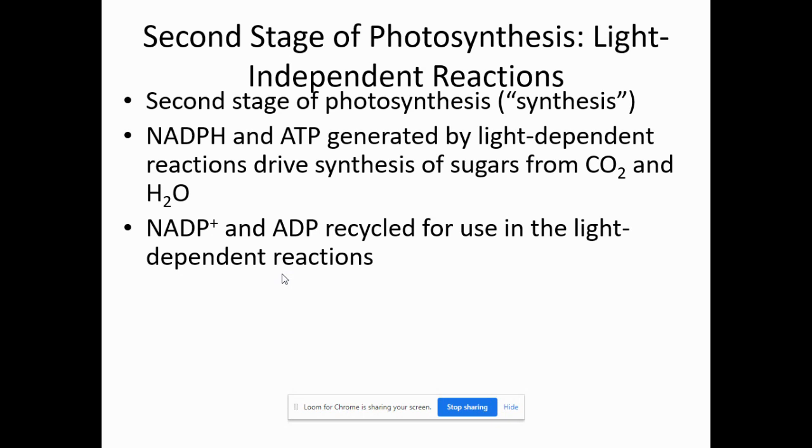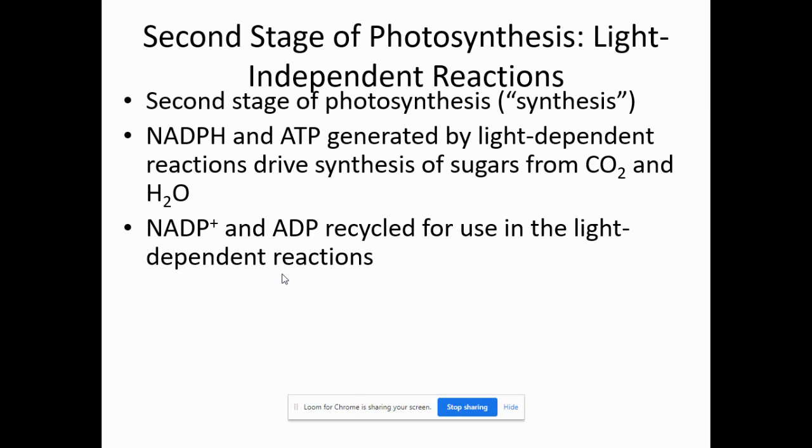Okay, then you go into the second stage of photosynthesis, the light-independent reactions. And this is the synthesis part of photosynthesis because you have the making of the food molecule. Okay, so NADPH and ATP that are generated by the light-dependent reactions drive the synthesis of sugars from carbon dioxide and H2O.